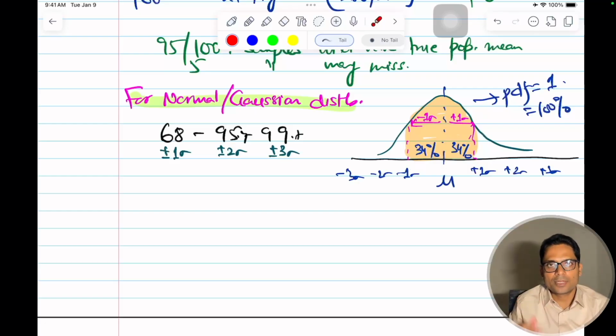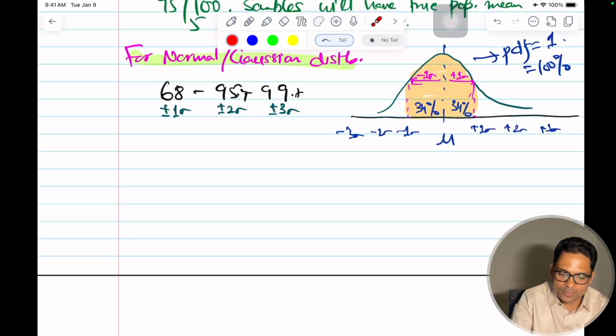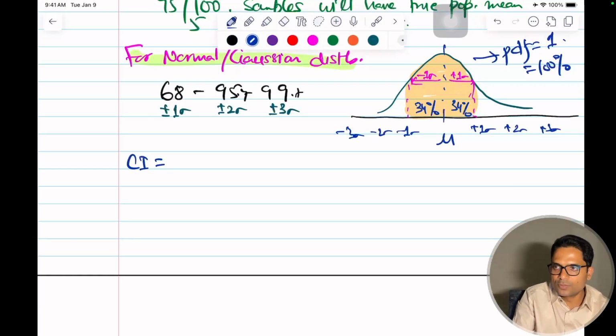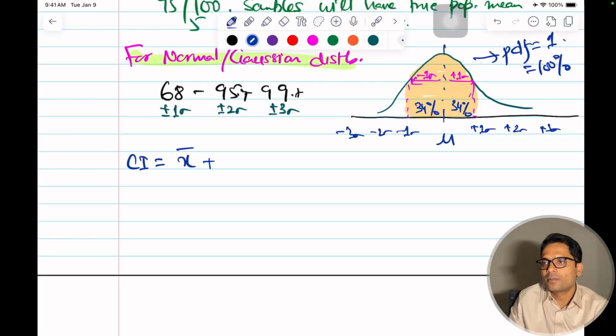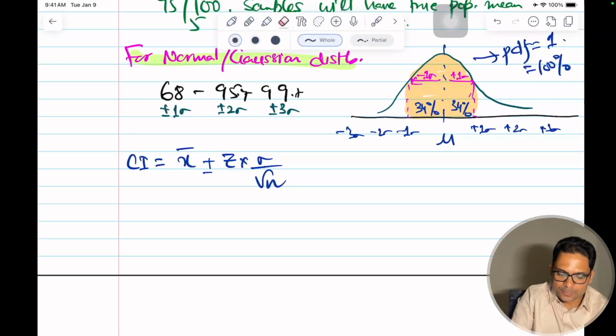To understand. Okay, I'll just reiterate this. So what is the formula for confidence interval for normal distribution? My CI is equal to the sample mean plus minus Z into sigma by root n.